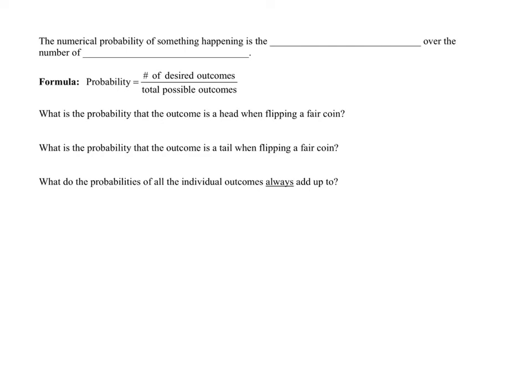All right, so the numerical probability of something happening is the desired outcome over the number of total outcomes, which is what we have stated right here.